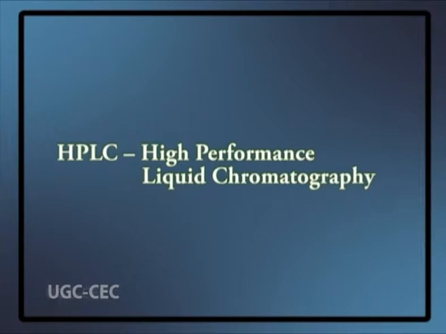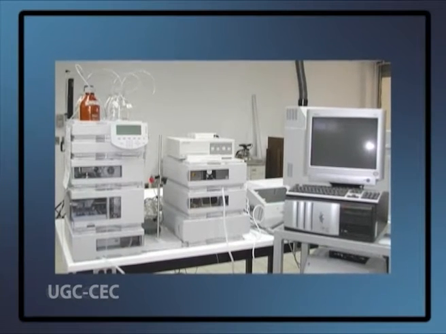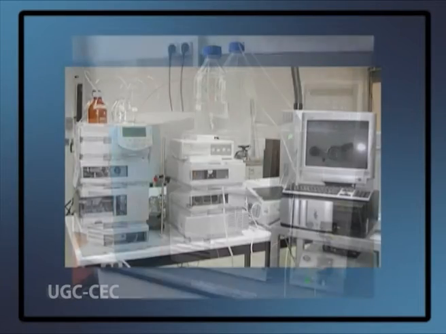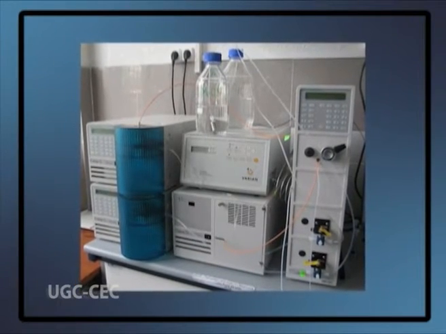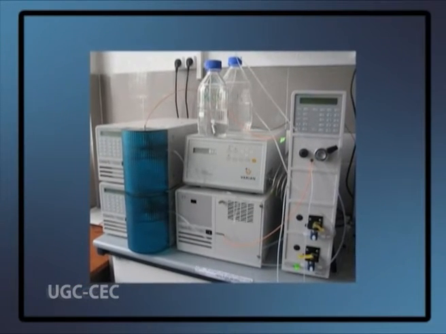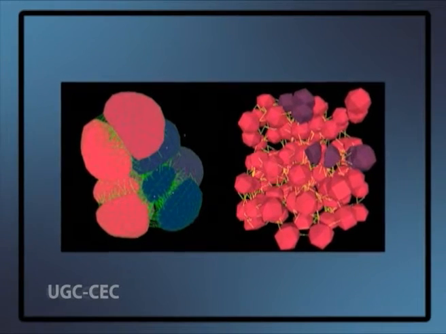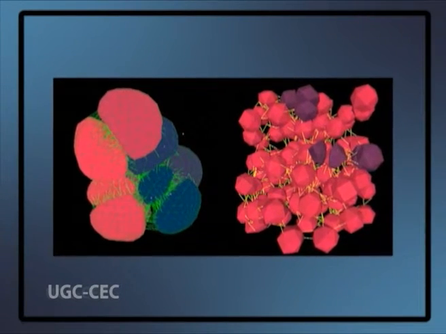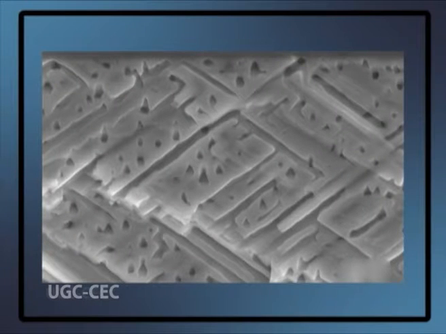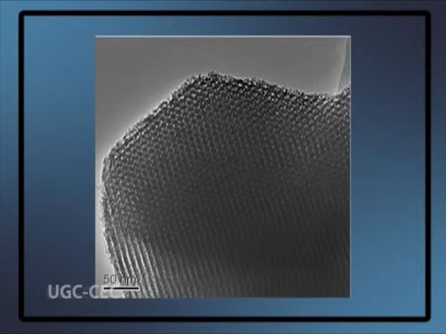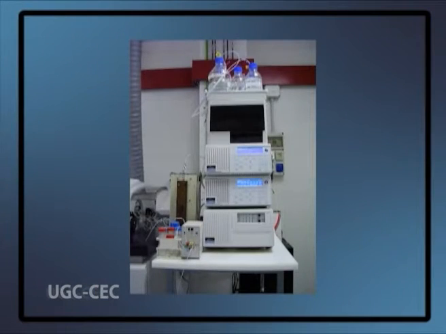HPLC, high performance liquid chromatography. HPLC is a type of liquid chromatography where the sample is forced through a column that is packed with a stationary phase composed of irregularly or spherically shaped particles, a porous monolithic layer or a porous membrane, by a liquid which is the mobile phase, at high pressure.